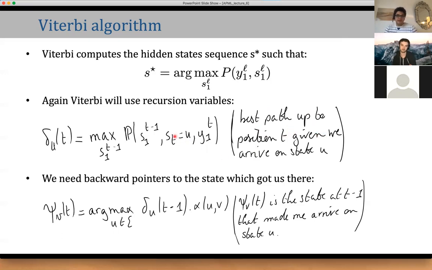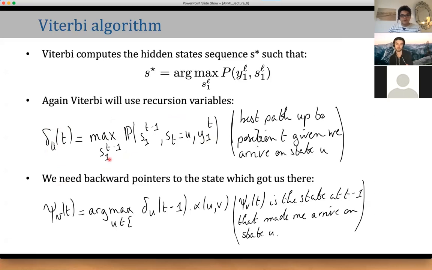And in the same way as we computed the probability of arriving on the state, we will be able to express this best path up to position t as a function of the possible best path up to position t minus 1. And that will give us a recurrence. But when we compute this max, we just arrive with the maximum probability, because we just have a probability.